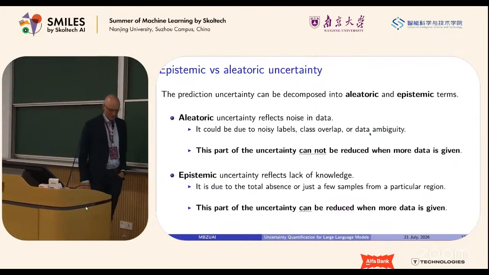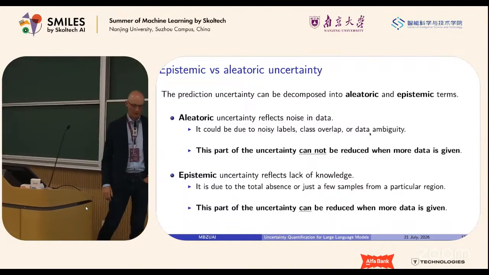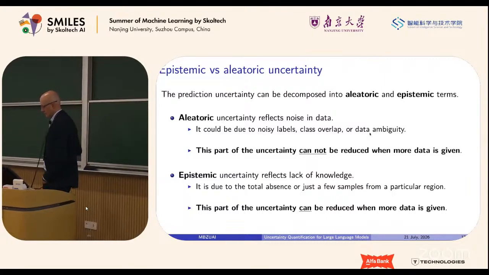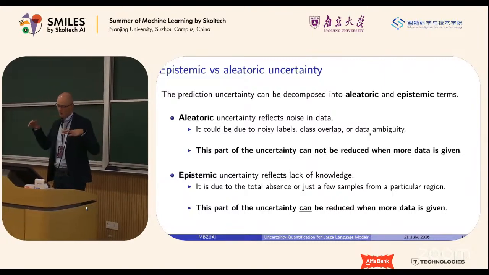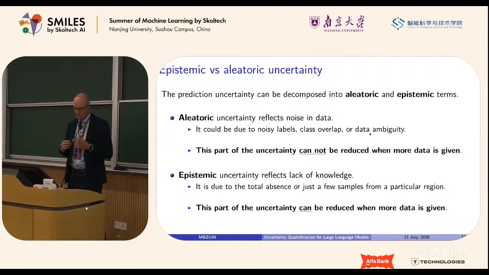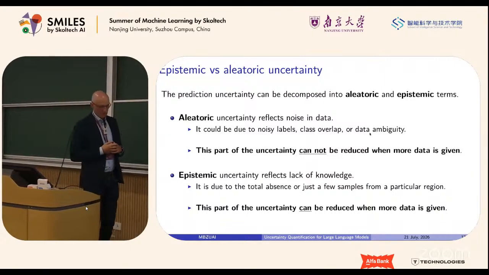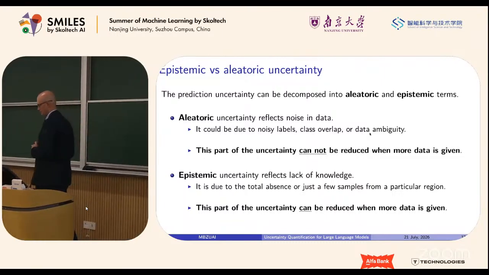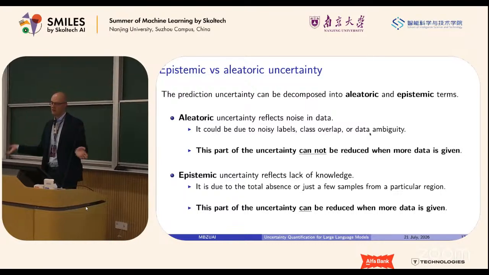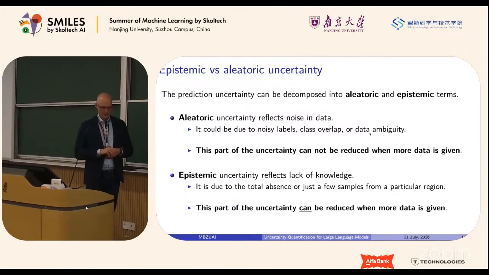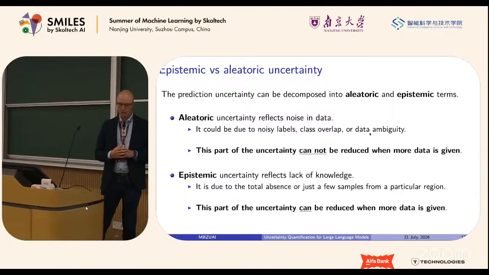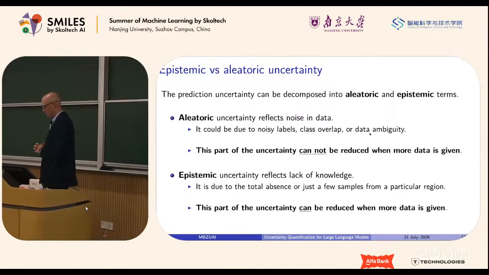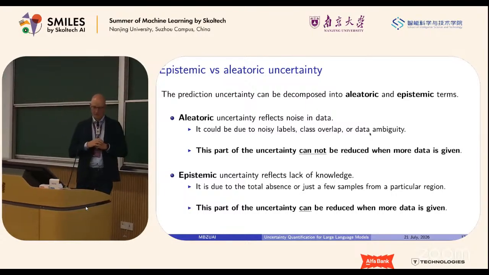So here we need to talk about two major sources of uncertainty, which we call aleatoric and epistemic uncertainty. Aleatoric uncertainty reflects noise in the data. The idea is that even if you have a perfect classifier, there's still ambiguity in the data in our task that doesn't allow us to perfectly solve it.